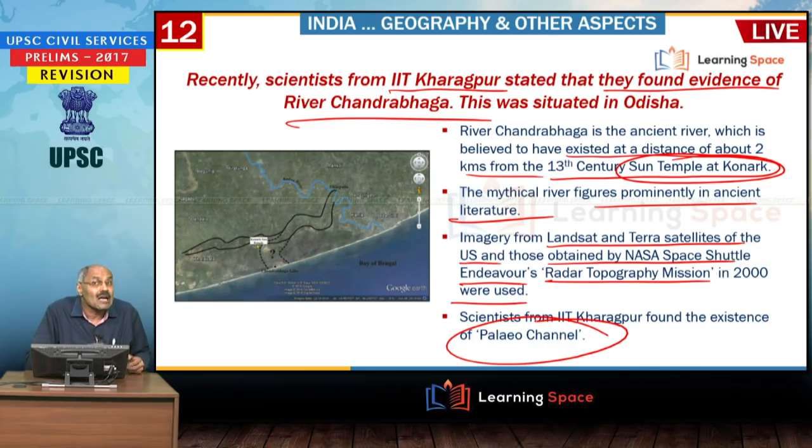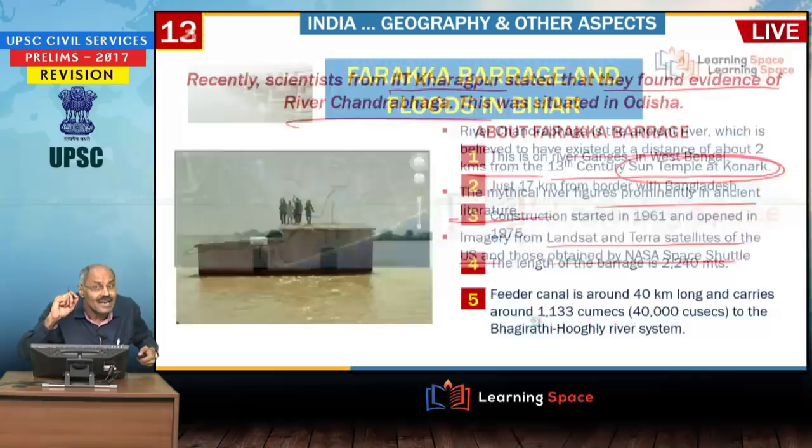Paleo channels means old remnants of rivers which are now covered with silt. So, by using the existence of paleo channels, IIT Kharagpur scientists came to the conclusion that the Chandrabhaga river existed, nearer to Konark temple, right.